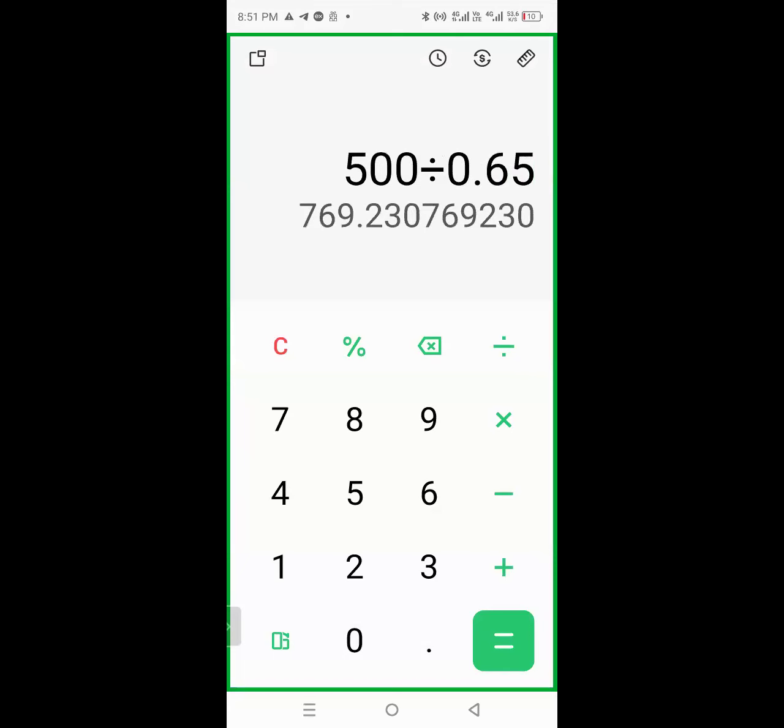I hope you can all see my screen. 500 divided by our expected loss gives us 769.2307.